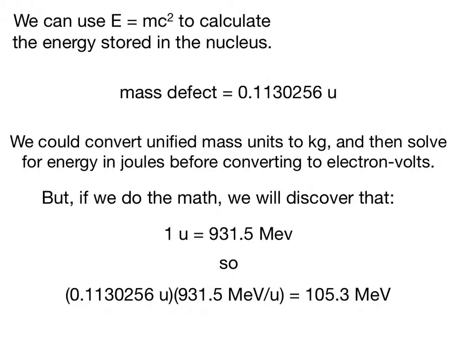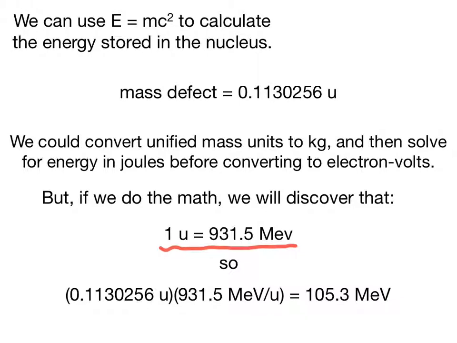But if we do all that stuff, we'll discover that one atomic mass unit converts to 931.5 mega electron volts. That's a conversion factor that's in your data booklet, but it's one that you should probably memorize. Again, one atomic mass unit, when it gets converted to energy using E = mc squared, gives an energy of 931.5 mega electron volts.